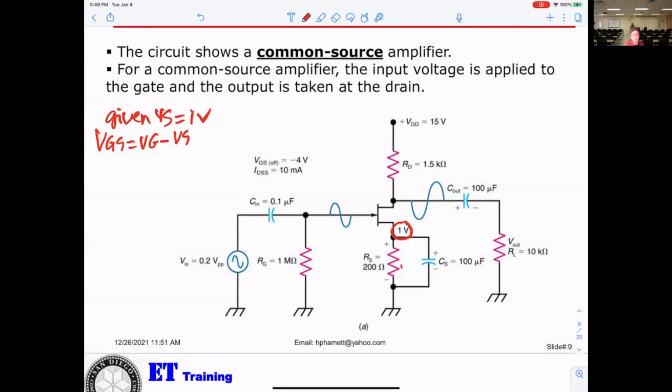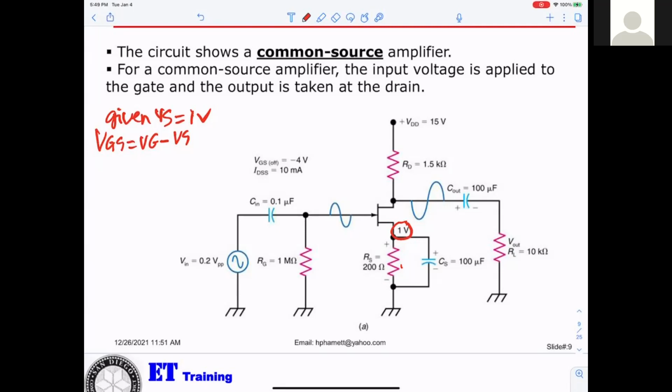We're talking about DC bias. It's the voltage from the gate to the ground. VG is the voltage from the gate where that black dot is, from there to ground.